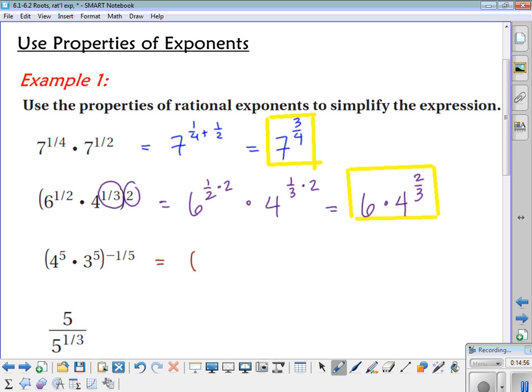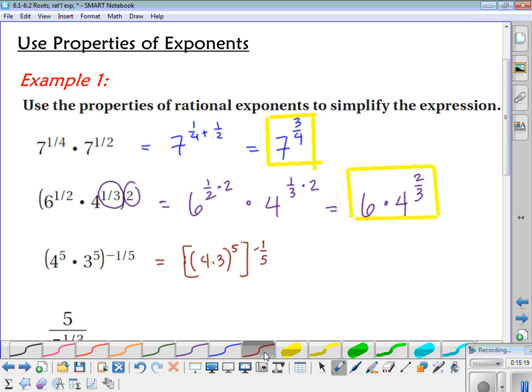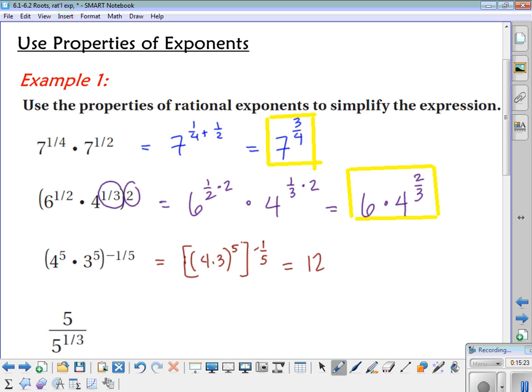I could say that it's 4 times 3 being raised to the 5th power, and then the whole thing is being raised to the negative 1/5. And so if I multiply my exponents together, negative 1/5 times 5, that's going to come out to negative 1, right? And then 4 times 3 is 12. So now I've got 12 to the negative 1 power, and so that's 1 over 12.